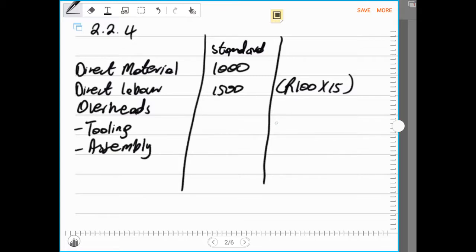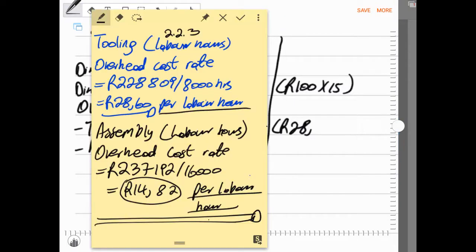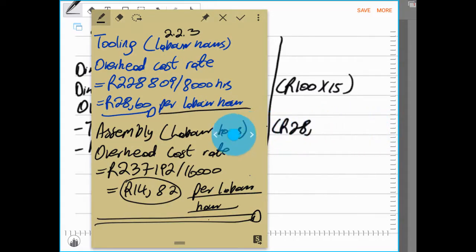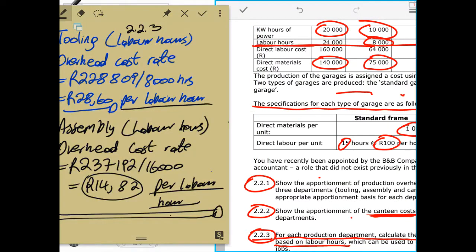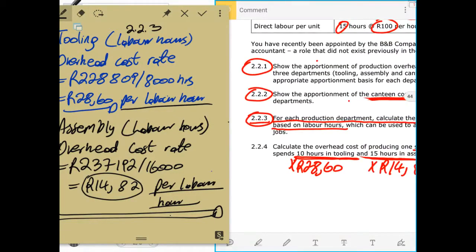And the overhead rate in the tooling department is 28 rand 60 cents, which we have calculated, and it's based on labor hours. We know that it takes 15 hours to complete the standard garage.